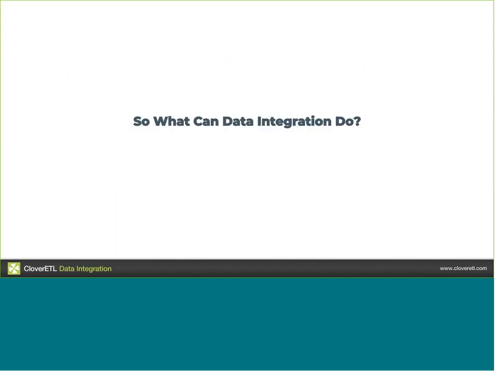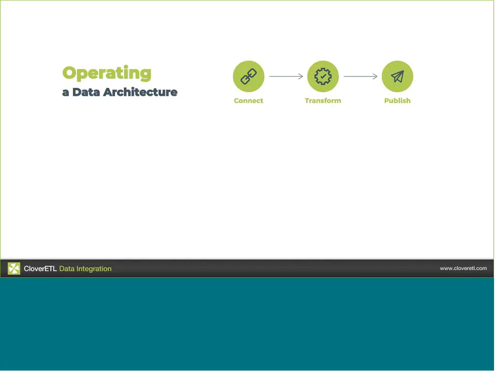So what can data integration do? I've chosen two recent examples that we did for clients, which I find interesting and reaching beyond the typical scope of what data integration, or let's say ETL in the past, is known for, which would be operating some data architecture.